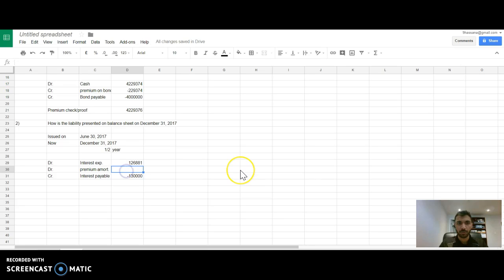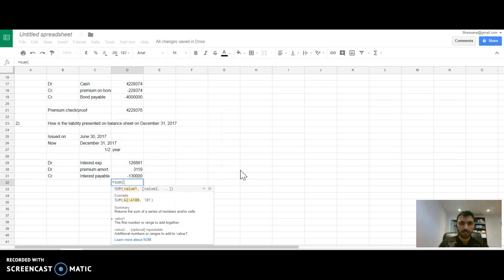And now you know that when you're amortizing your premium, this entry needs to balance. So all you've got to do is calculate the difference and put that in as the difference. Minus this, minus that, and the difference should show up as a debit of 3,119.